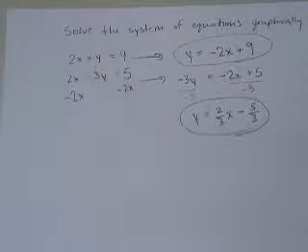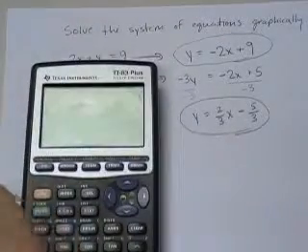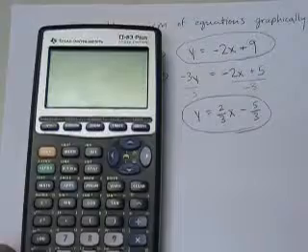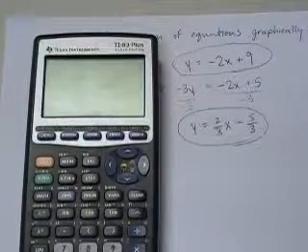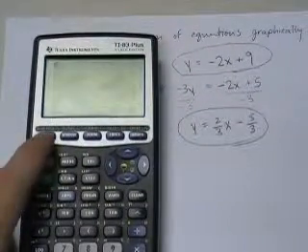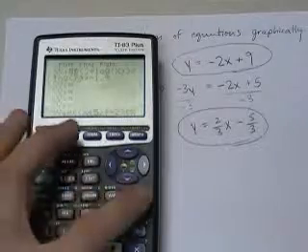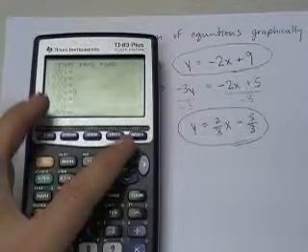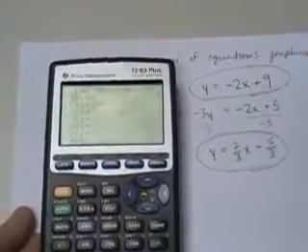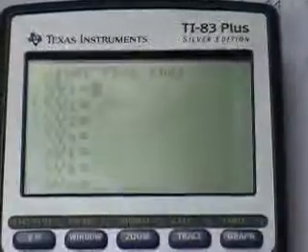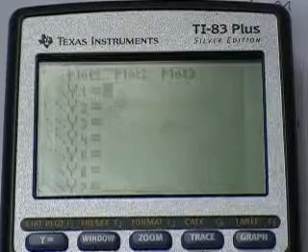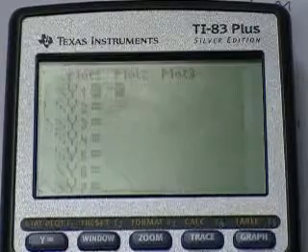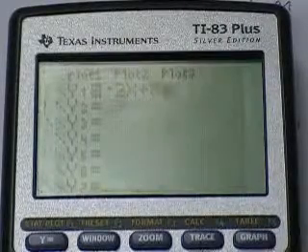So what I want to do is I want to bring my calculator out here and turn it on. Go to our y equals menu, and I've got all kinds of fun stuff in there that we've been doing. And I'm going to zoom in just a little bit for you. And at this point we're going to type our two equations in. Our first equation was negative 2x plus 9.